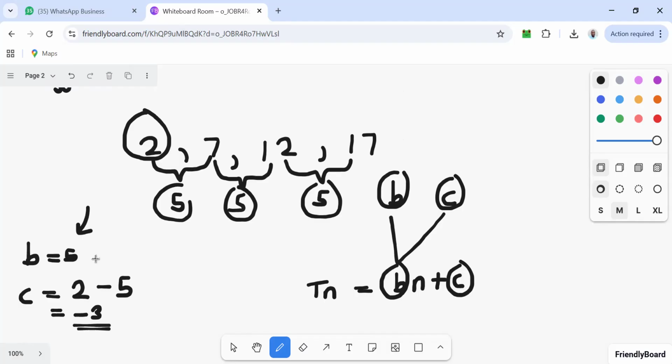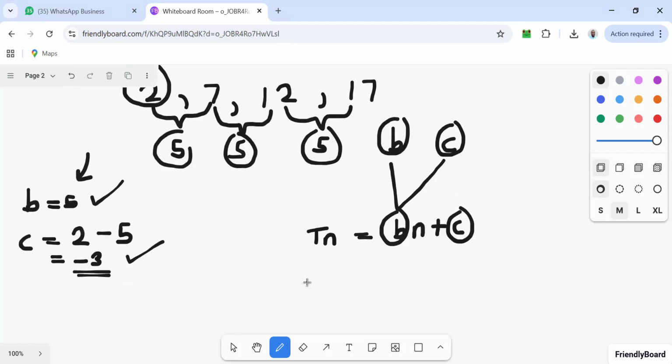So you can see now I have my B and my C. The next thing I'm going to do is substitute these two values of B and C into this form. So Tn is equal to B, we said it's 5, so I'm going to put 5 here, then n, then C is negative 3, so I put minus 3.